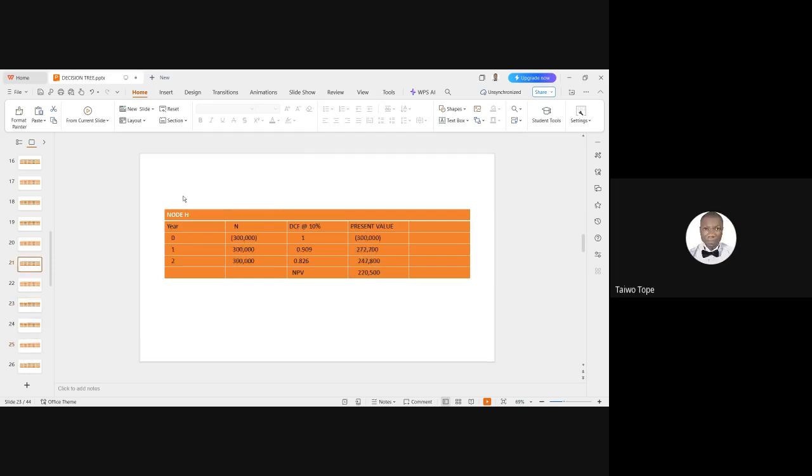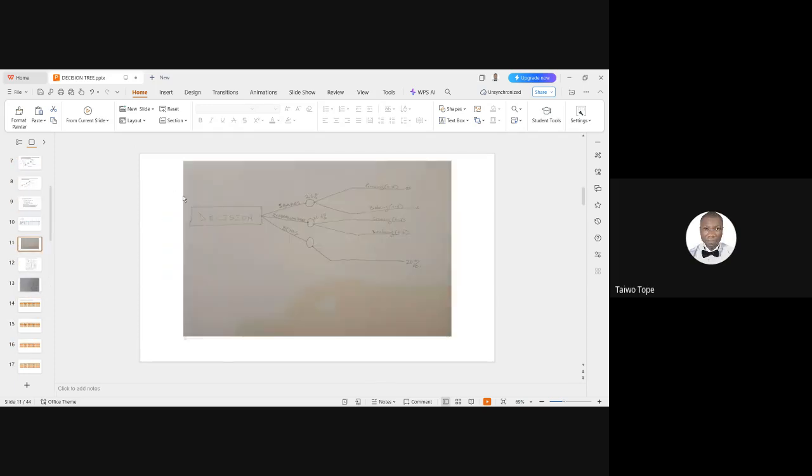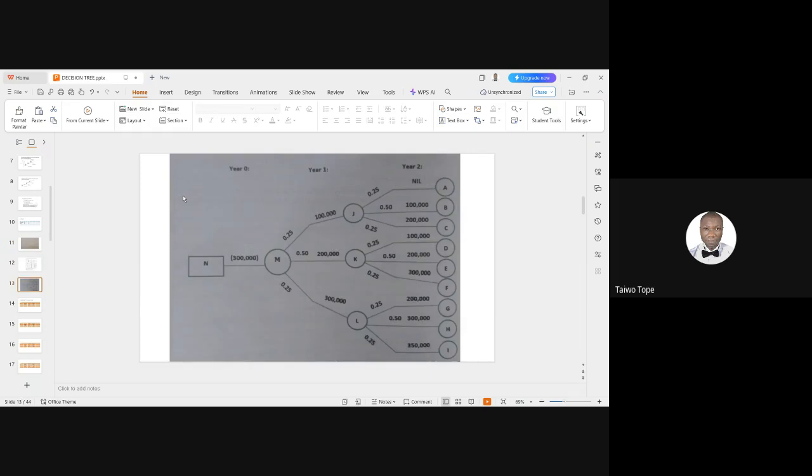Let's go back to the decision tree. Now, the combined NPV for J, what is the outcome for J here? Negative 126,500, right? Yes, sir. That is the result for J. For K is what? 47,000.